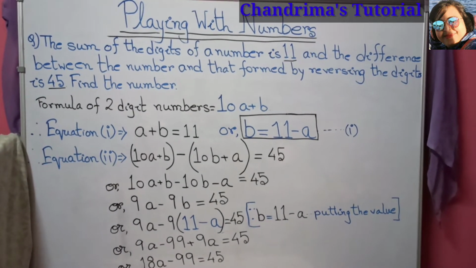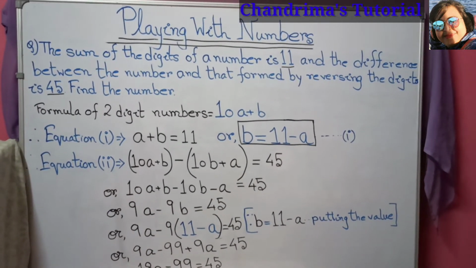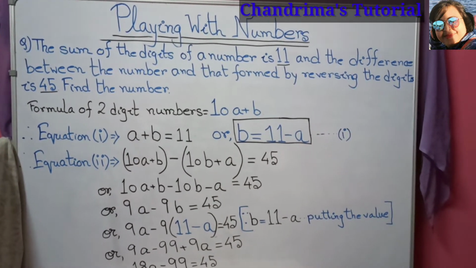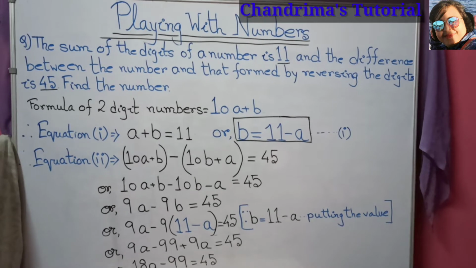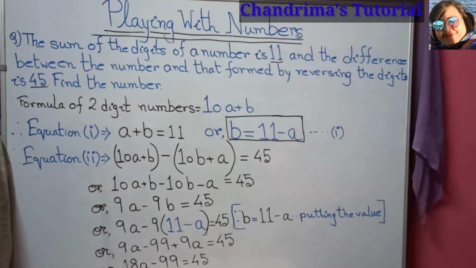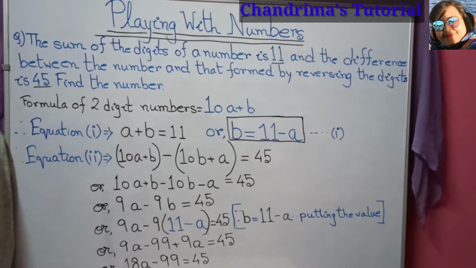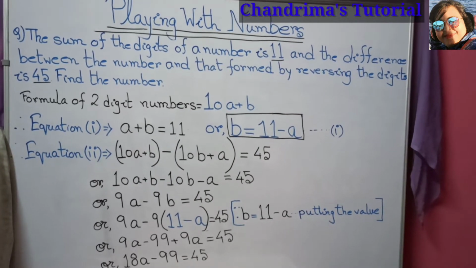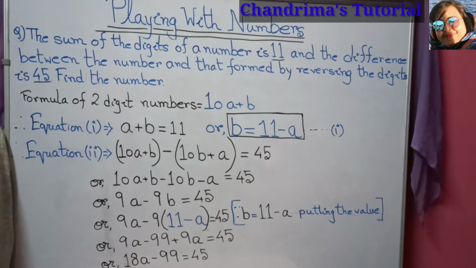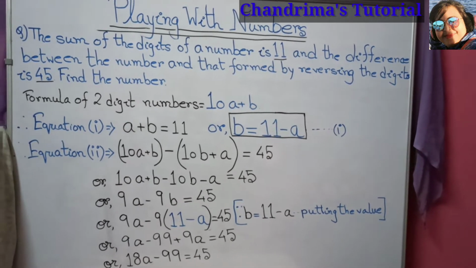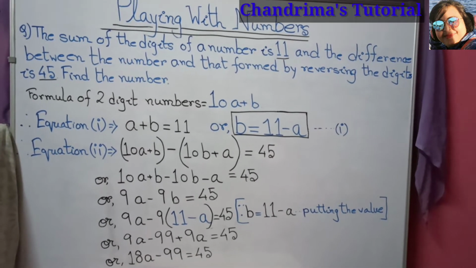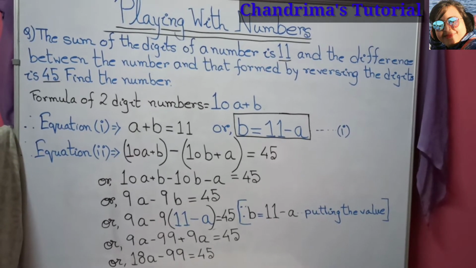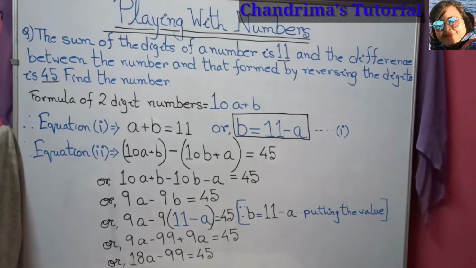Now again read the rest of the sum given. What is given? The difference between the number and that formed by reversing the digits is 45. So as per the given problem, the second equation will be 10a plus b as the number formed, and the difference with the reversed digits.